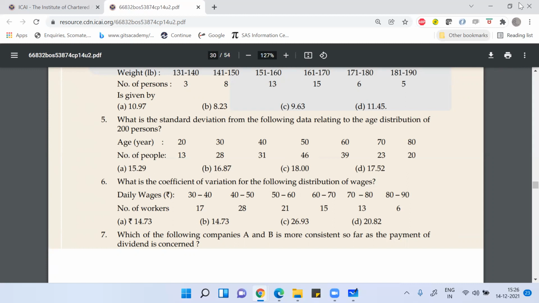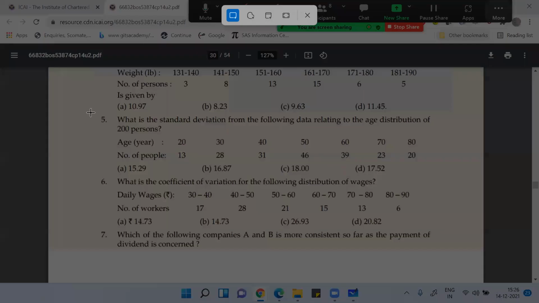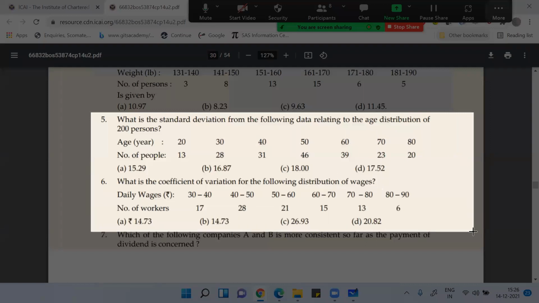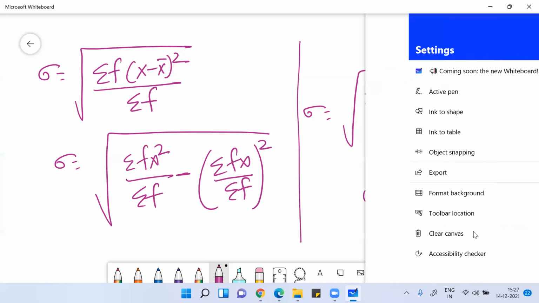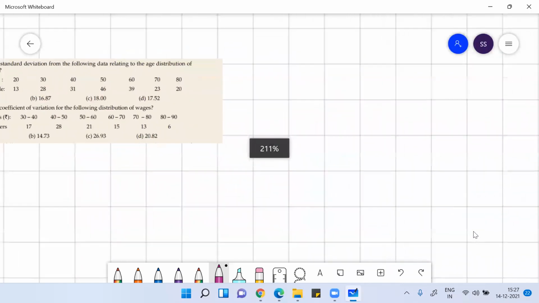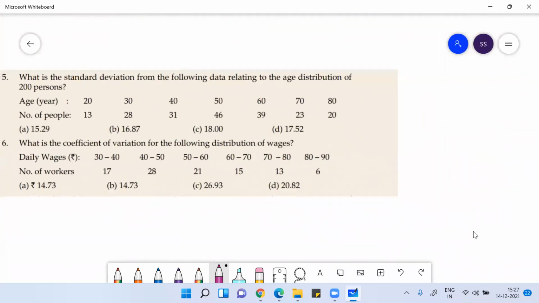So in question number 5, if you notice, they have not given class interval and other things. Let me give you a little idea so that you people do not get confused. Imagine this is the question. If I talk about question number 5, how will I do it? They have given me this age.